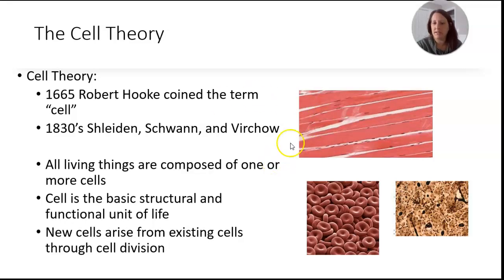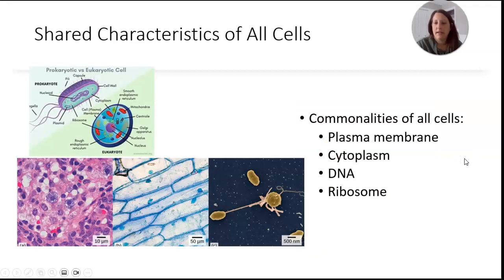Pictured here, I've got some cells that you might be familiar with. These are muscle fibers. Here we've got some red blood cells. And here we've got some compact bone. And you can see some cells in there as well. And so I want to go over a list of characteristics that are shared by all cells. So if we're talking about prokaryotic cells or eukaryotic cells, these are some commonalities.